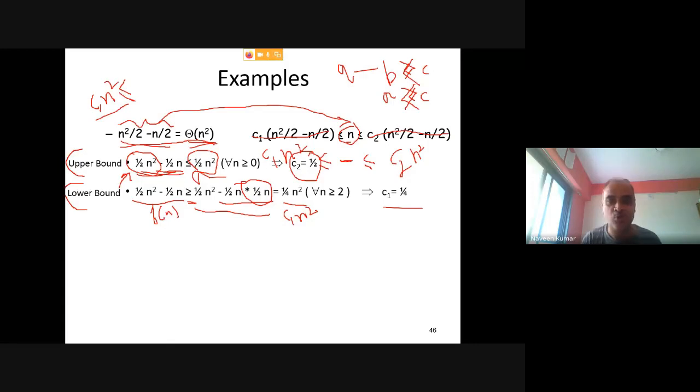It requires one more constant to prove. So if you want a good simplistic function, then big O will be better for a starting purpose, right? This is the reason why we have taken big O in the initial course.